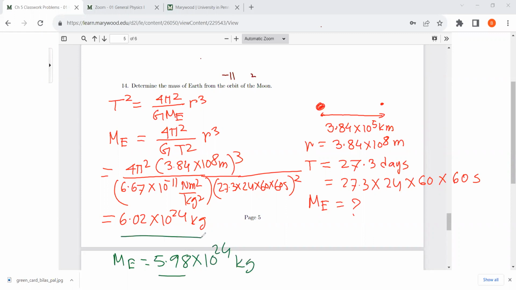So this is very close to this. By using this time period equation, you see that you can determine the mass of earth, and that is very close to the standard value. All right, now the last problem.